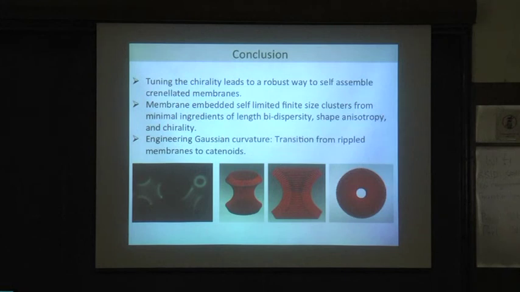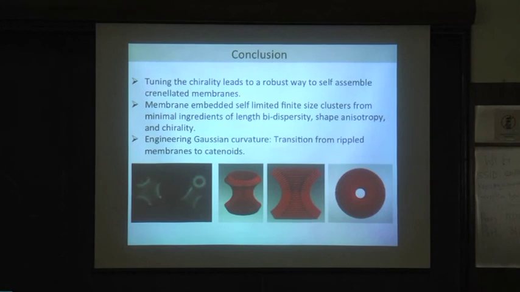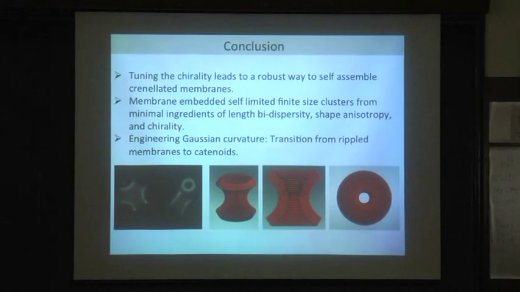So all we are saying is that maybe it's important, but in a system as complex as cell membranes, it's never one thing that leads to a particular phenomenon. It's always a confluence of hundreds of effects, and this is one of them that might be relevant. So with this, I thank you for your attention.